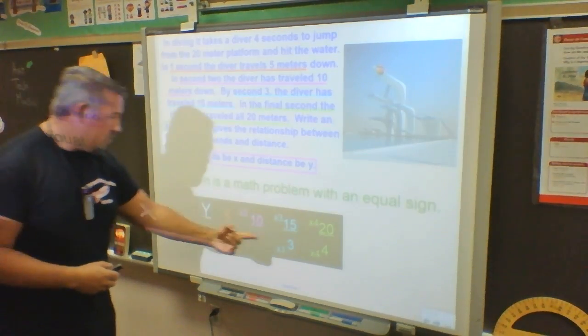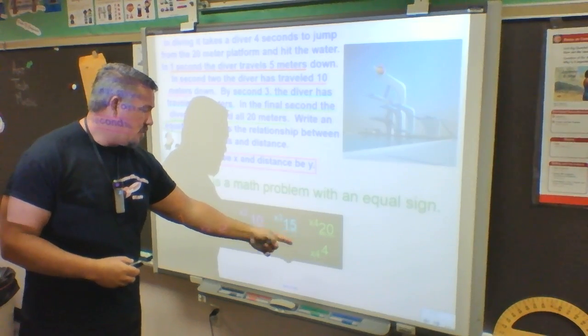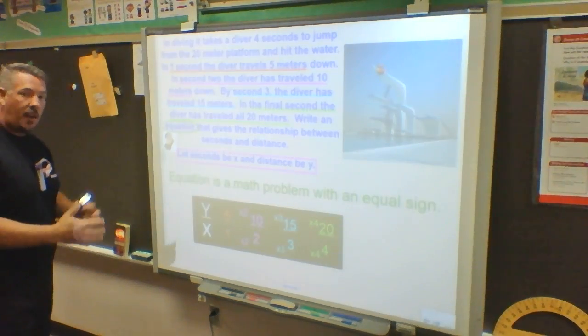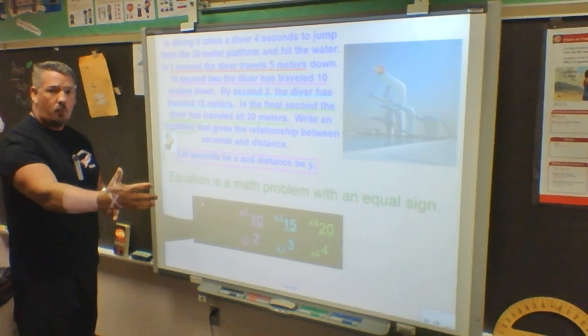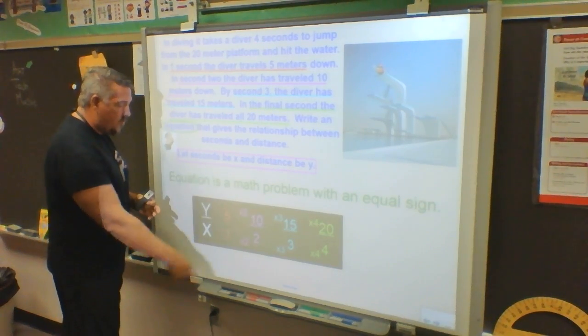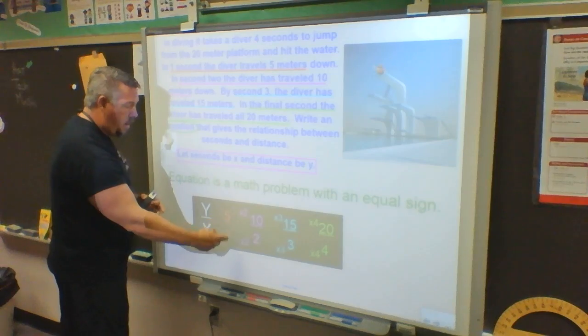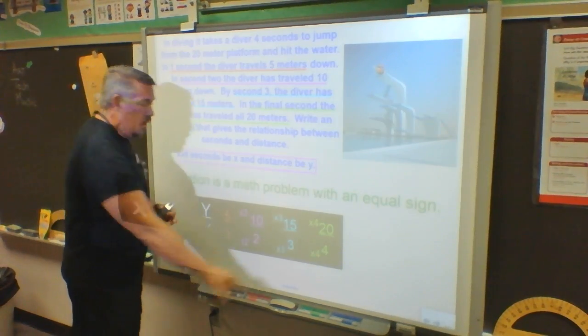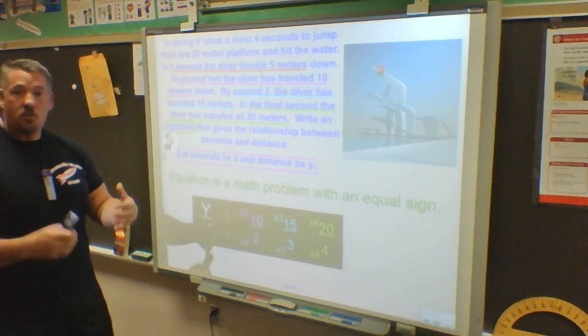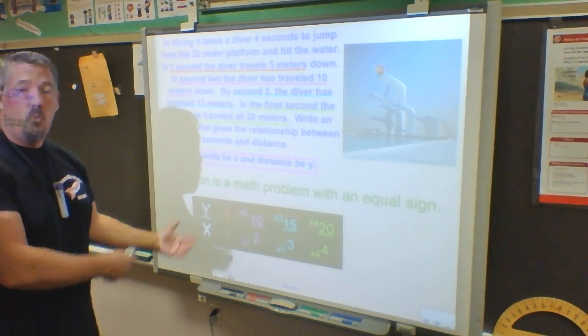And then the fourth one, I have 4 seconds and 20 meters. So when I look at my unit rate compared to my other rates, I check the math. I'm taking the 1 times 2 and then multiplying the top by 2. And so I'm multiplying by 3s and I'm multiplying by 4s. These are indeed equivalent rates.